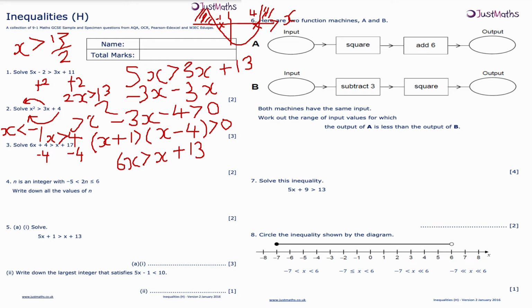If I now subtract x on both sides of my inequality, I get that 5x is strictly greater than 13. It should be a 5 and not a 3 there, sorry. Dividing both sides by 5, I get that x is greater than 13 over 5.